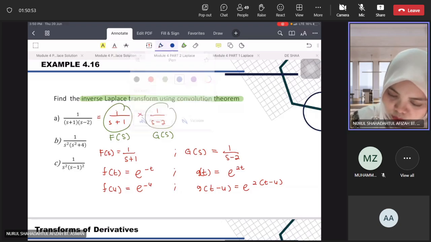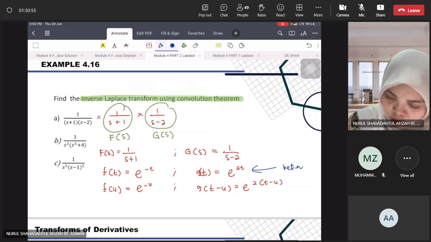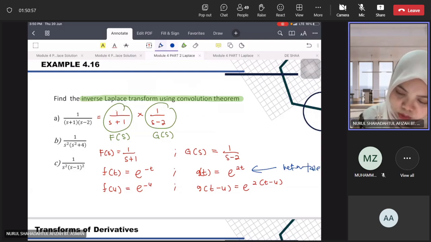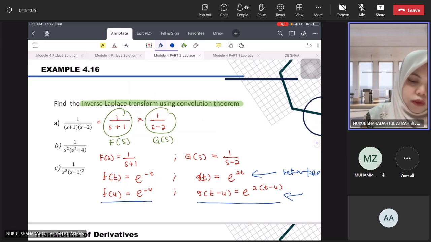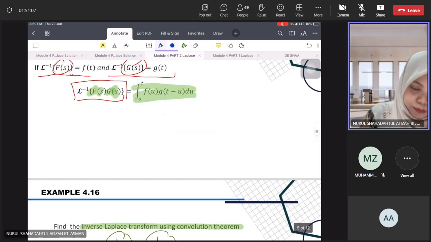This one you refer to the table, and then you use this equation, f(u) g(t minus u).